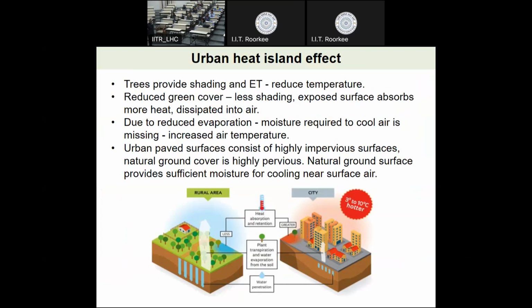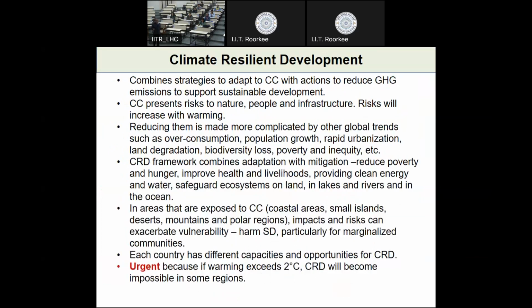So urban heat island is one reason which is causing change in precipitation and many other things. And this is in fact proving to be dangerous to health also. There are some studies which say that these urban heat islands are not good for livelihood, they are bad for health.